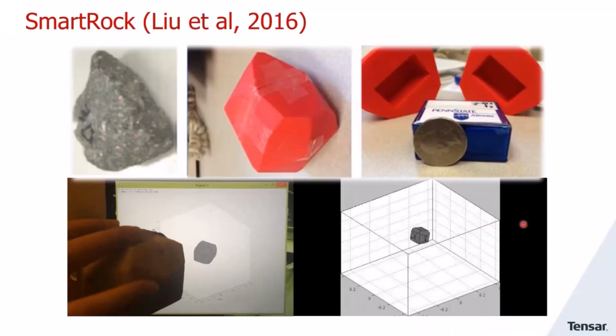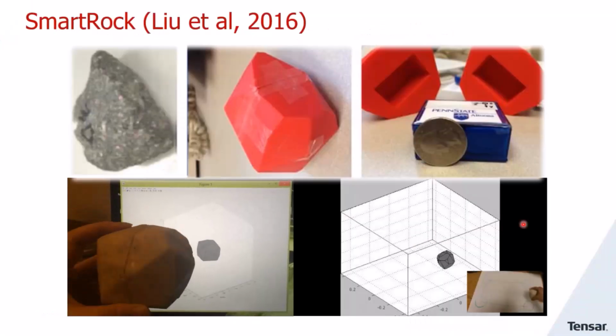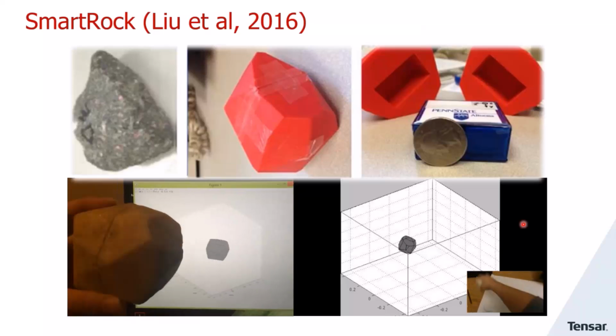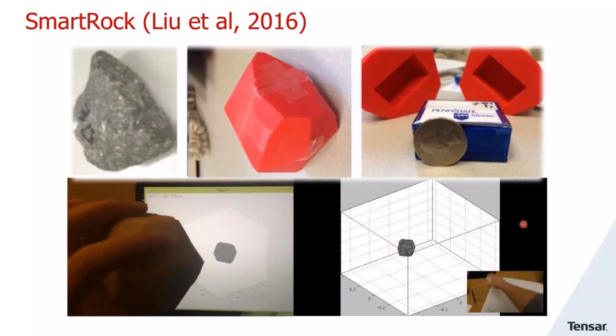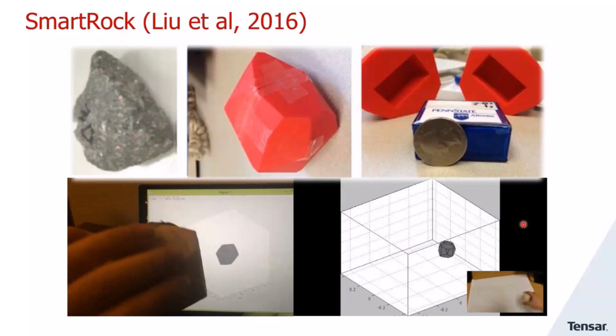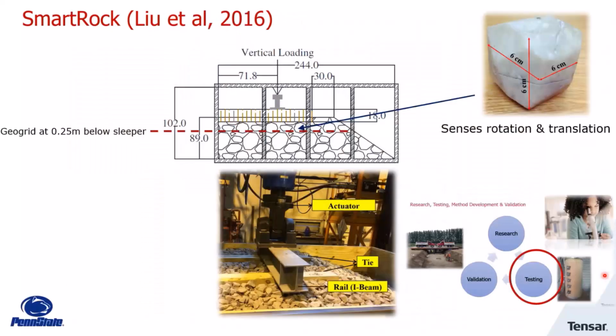To be able to understand what stabilization is, we have done extensive research at Tensar. And what you're seeing here is a 3D printed simulation of a rock that can be monitored live during its testing. So what we are interested in is knowing how stones and granular material behave while interacting with the Tensar geogrid.